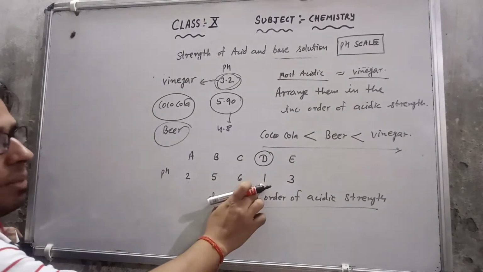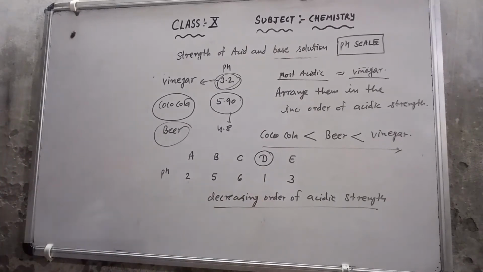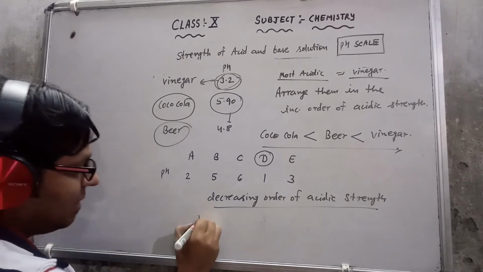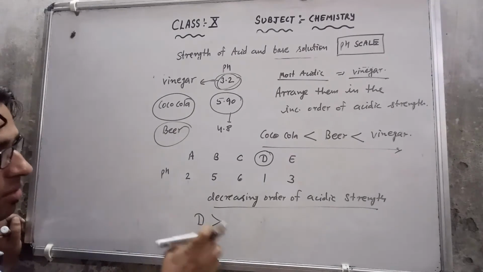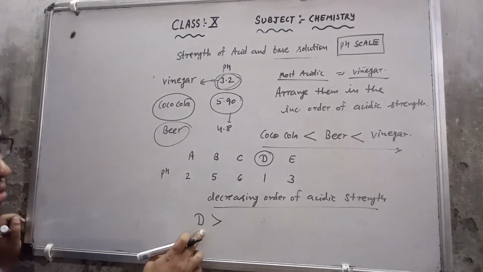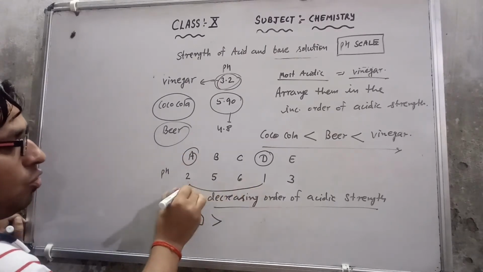So D is the maximum acidic. For the decreasing order, first I write the solution having the maximum acidic character. So D is the maximum acidic character. Please check the sign, it is towards D. After that, after 1, 2 will come.